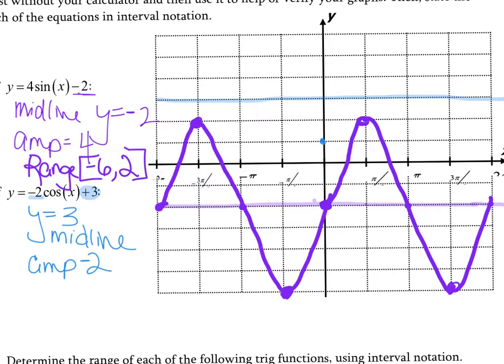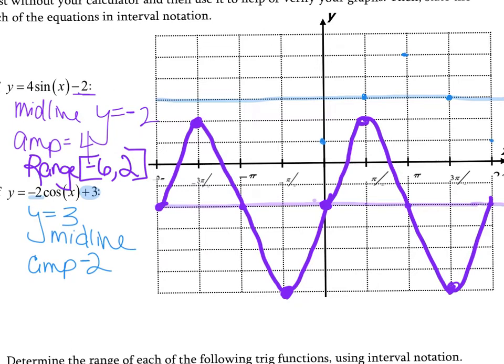And from here, I'm going to follow the same pattern that I had been in this lesson and the last lesson. So if I'm going from left to right, I'm going to come back up to the midline, mark a point. And then the next one for pi, I'm going to be 2 above. Then for 3 pi over 2, I come back to the midline. And for 2 pi, I'm 2 below the midline.